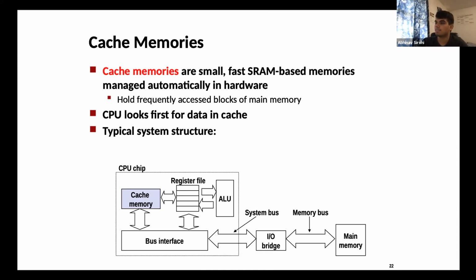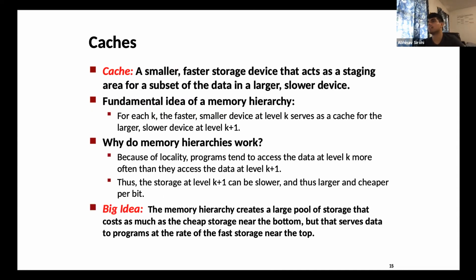This is just a fundamental idea about caches, but what we want to focus on is the big idea here. The memory hierarchy has a large pool of storage. What we want to do is keep data that is accessed more recently near the top of the storage, because the top is faster access.